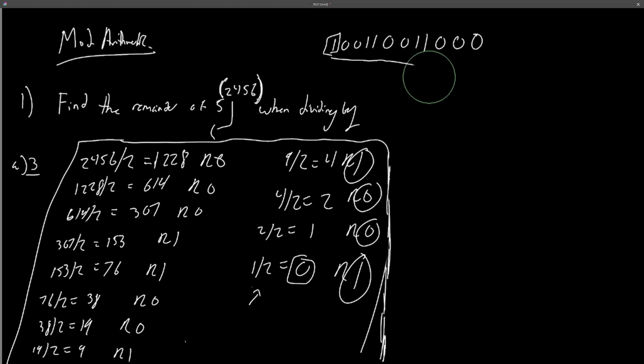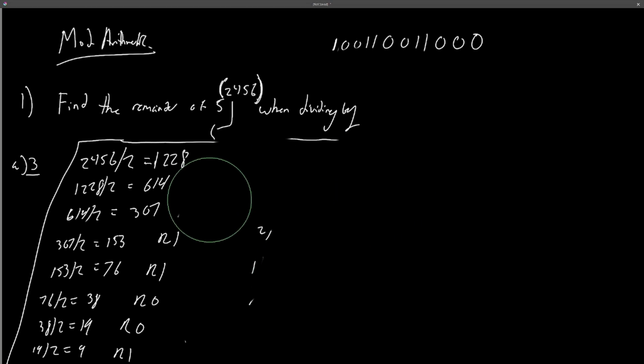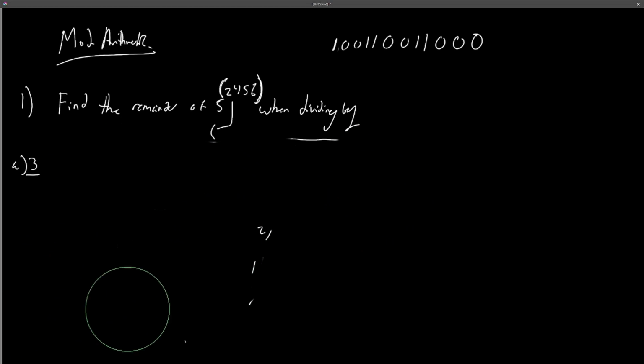So now that you have that done, don't worry, if you're not a computer scientist, you don't really have to know anything about the positions and the number that corresponds with the position. You just need to know this number. So in fact, we can just erase all of this because we have all we need at the top. So we have 1, 0, 0, 1, 1, 0, 0, 1, 1, 0, 0, 0.